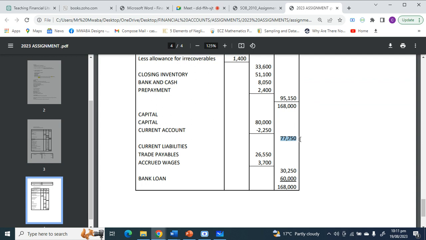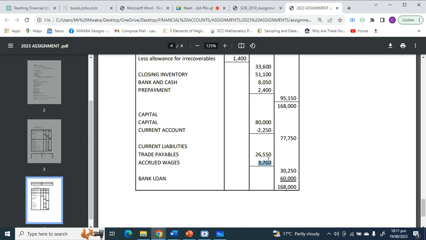We come to our liabilities. Current liabilities, we have our trade payables, 26,550. We have those accrued wages, 3,700. And no other current liabilities.